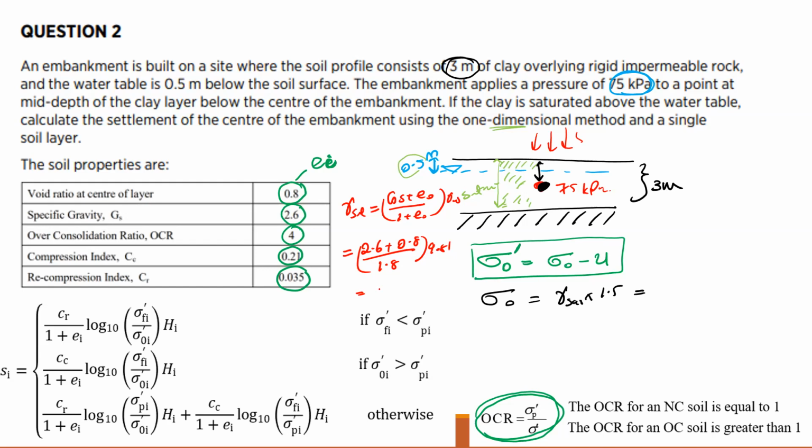What do we get for that? 18.53, yes, kilonewtons per meter cubed.